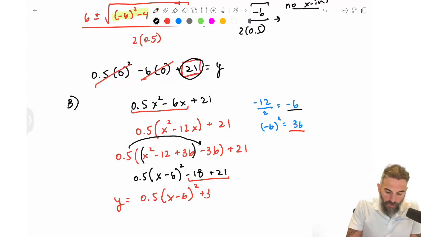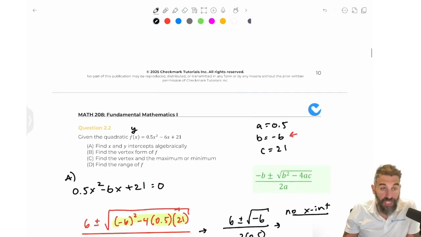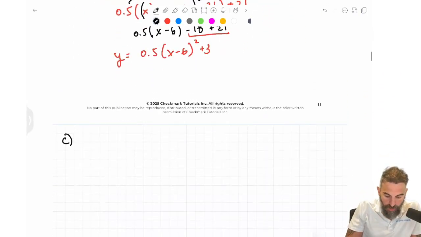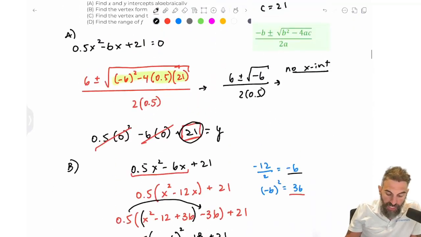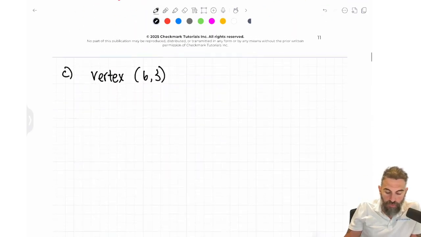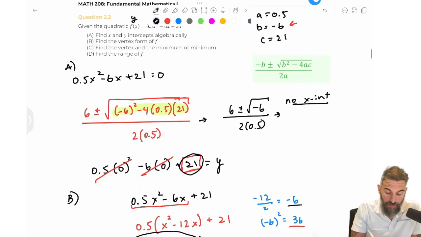Okay, great. So then we've got C, which is find the vertex and the maximum or minimum. Now that you have your vertex form, the vertex, you can just see it. It is (6, 3), so we always take the opposite sign of the number inside the bracket. And then is it a maximum or a minimum? Well, remember that you want to look to a for that.